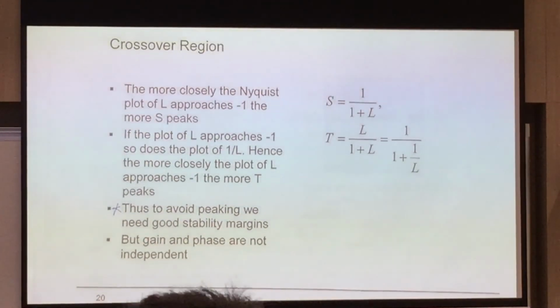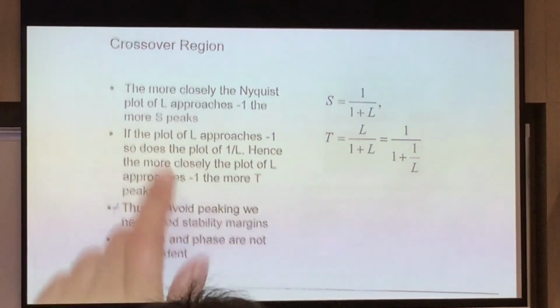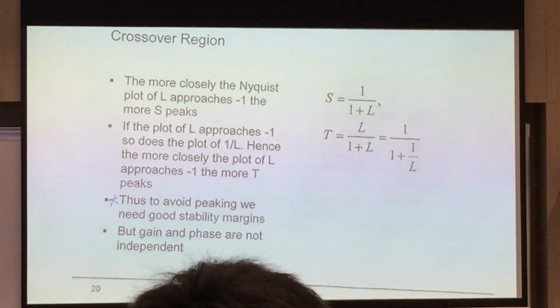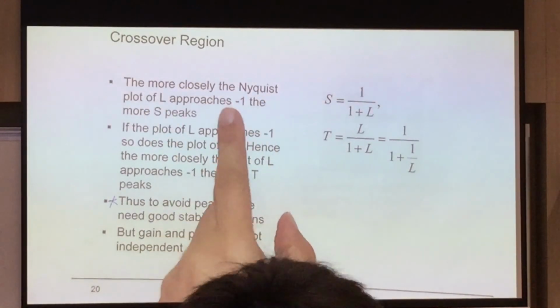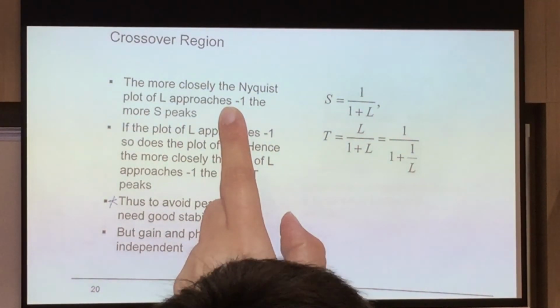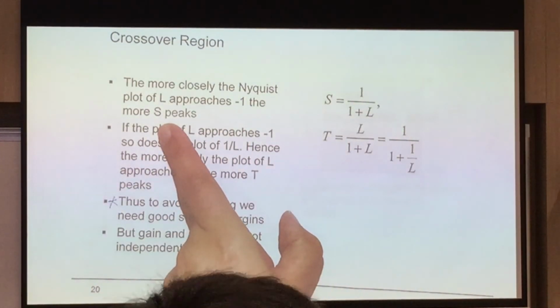In the crossover region, the more closely the Nyquist of L approaches -1, the vector margin reduces, so Sm is small. When Sm is small, S is large.